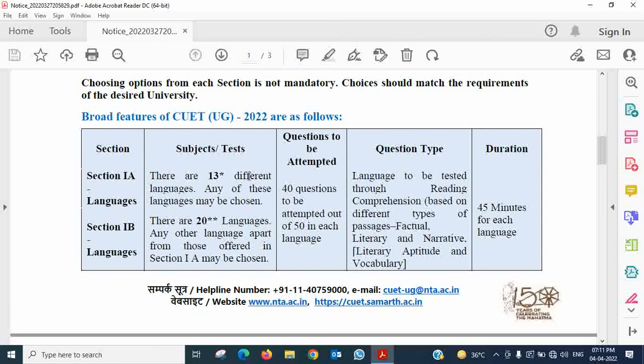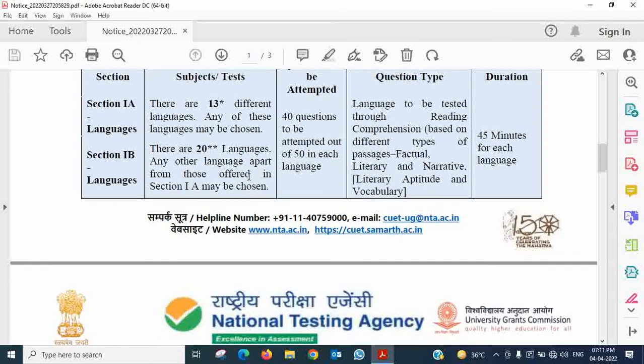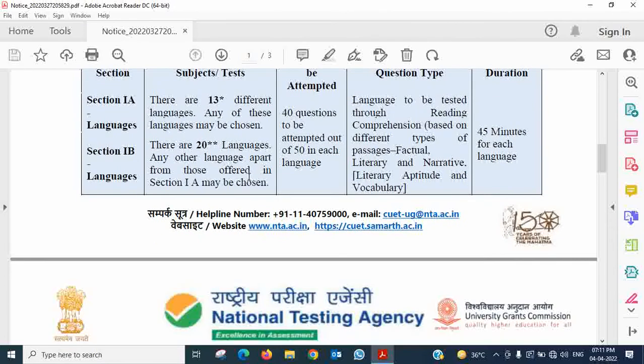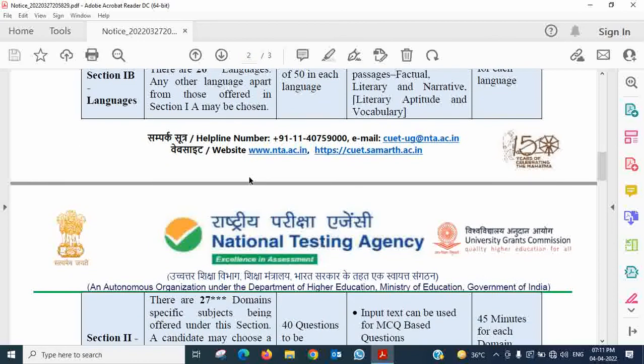Under section 1A, there are 13 languages, for which a total of 50 questions will come, and this exam will be of 45 minutes. And in section 1B, with 20 languages, you can select one language, and this again will be a 50-question exam, and the duration will be the same, 45 minutes.